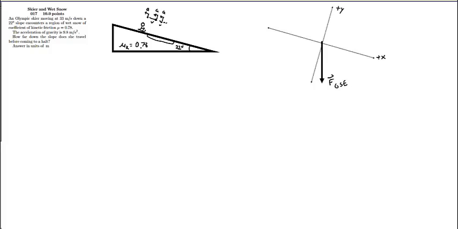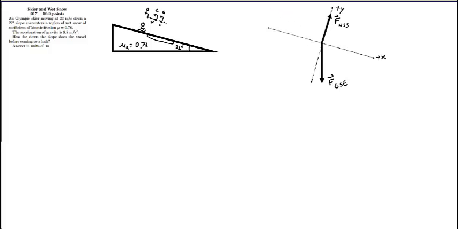The next one that I would draw is the normal force, and that is the normal force acting on the skier, and you could maybe say the slope or the snow, so I'll just put an S there. And lastly, we want to consider the frictional force.